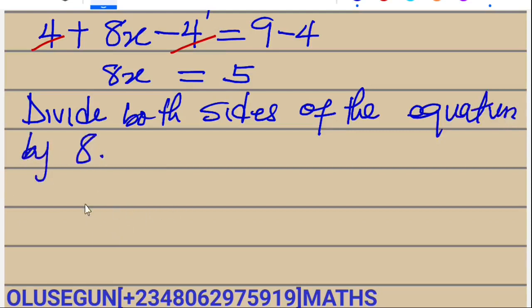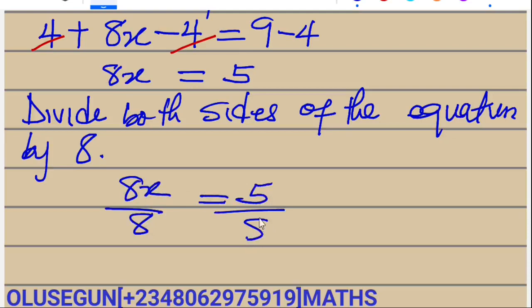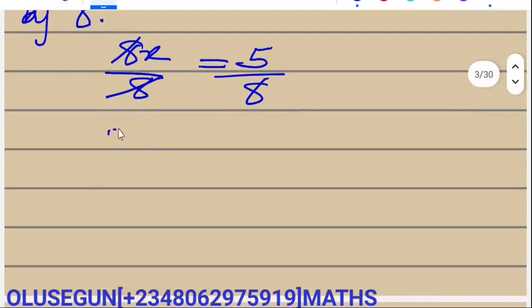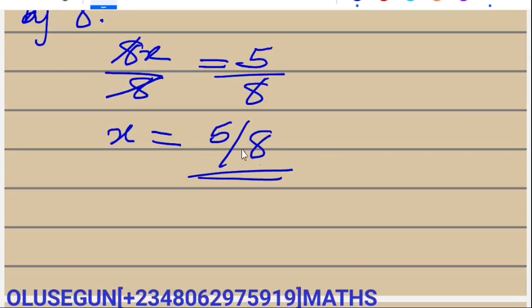So now we have 8x divided by 8 is equal to 5 divided by 8. So 8 cancels 8, and our final value of x will give us 5 over 8. So this is just the formula so far for a simple equation.